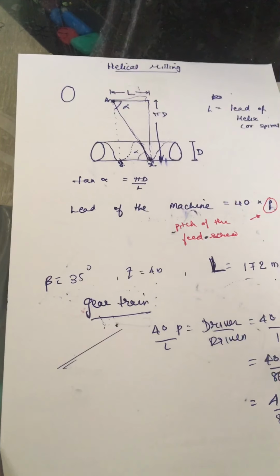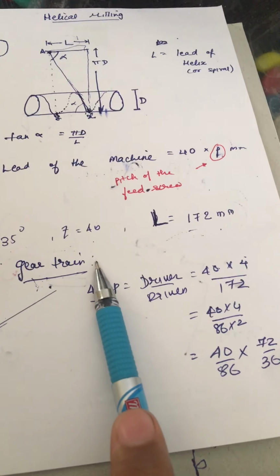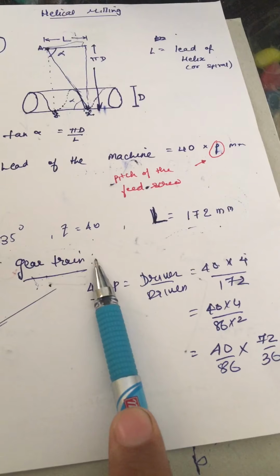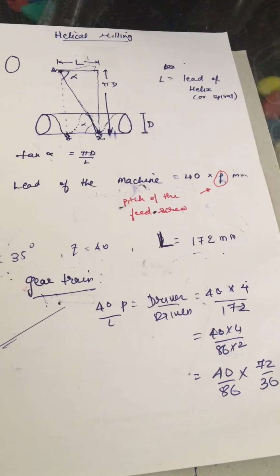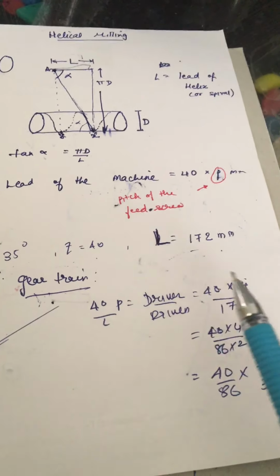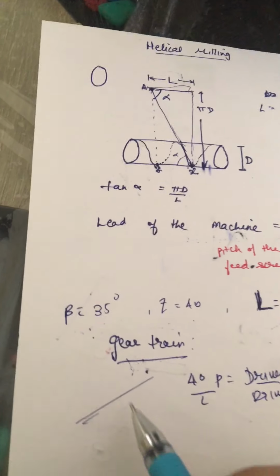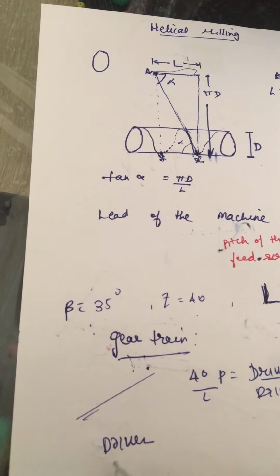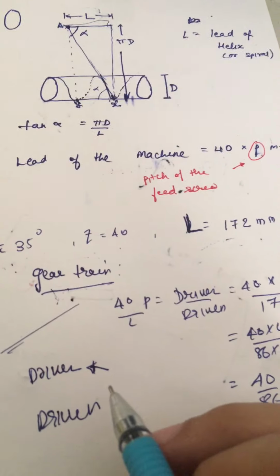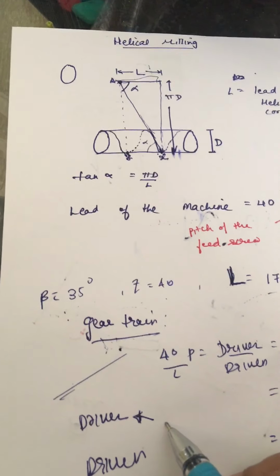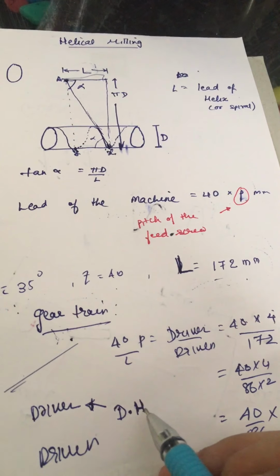So if this data is given to me, how can I design my gear train? Forget about this right now. The driver upon driven: what is the driver in our case? The driver that we have is nothing but the dividing head or the index plate.